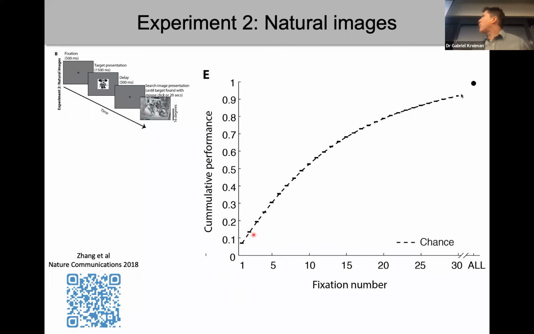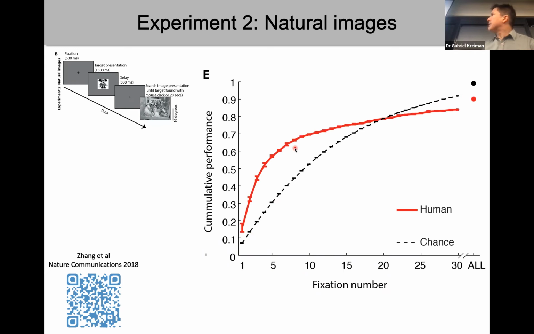So if you are randomly moving your eyes, this is the performance that you would expect in this case. Again, this is the fixation number. This is cumulative performance. And then this is human level performance. Interestingly, at some point, human level becomes worse than chance.